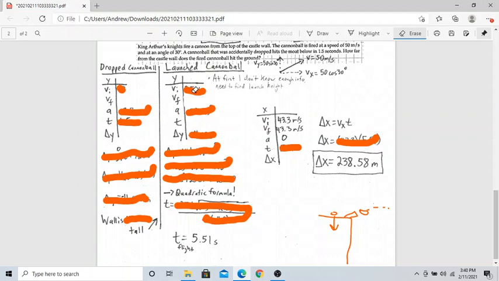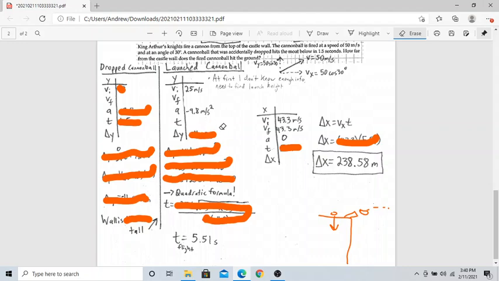So we draw a Y chart and fill it out with what we know. When we do our Y chart, we know the initial Y velocity of the launched cannonball, 25 meters per second, because that's 50 sine of 30 degrees. The acceleration, again, it's in free fall, negative 9.8. Here's the problem. In my chart, it looks like it should be there, but that's because I've already done the work.